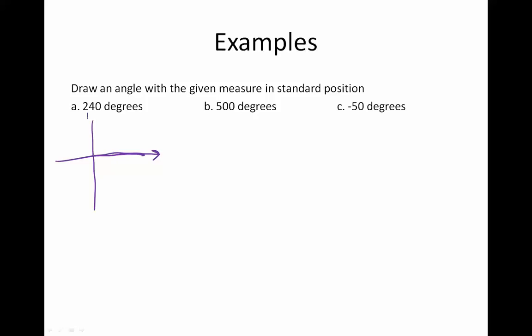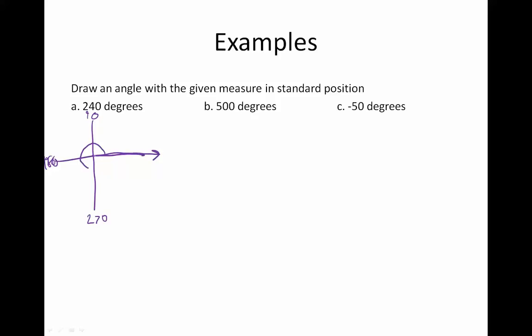Remember, each of the quarters of the circle is 90 degrees. So this is 90, 180, 270. I'm not going to go all the way to 270, but it's going to go close to there. So the initial side starts here, but then I rotate my terminal side 90, 180, and then about there.